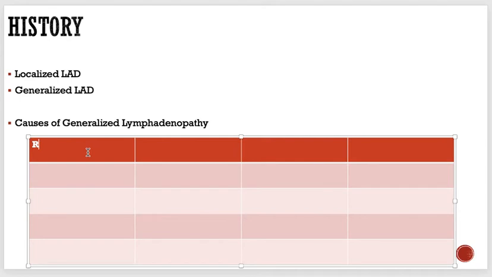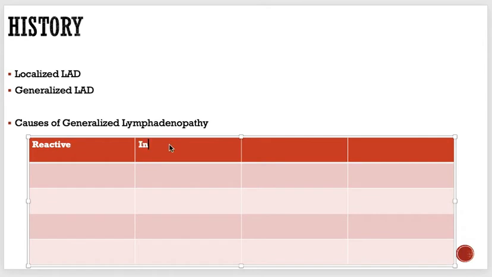Lymphadenopathy could be reactive, like whenever there is any infection in the body. And when we are talking about generalized lymphadenopathy, of course, a generalized type of infection all over the body, so the lymph nodes can get enlarged all over the body.